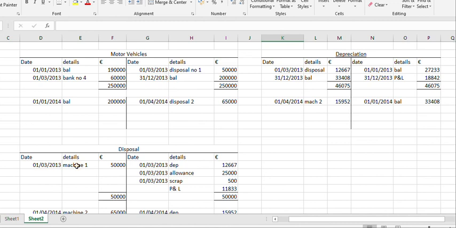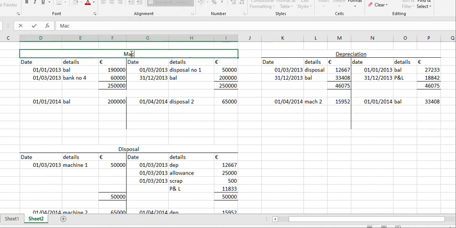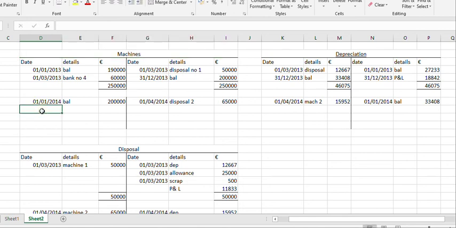So in the machines account, on the 1st of the 1st 14 there was a modification. We'll call this bank because that's where it would have been paid from, of 4,000.